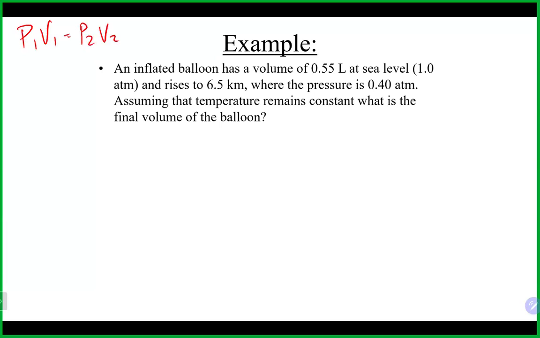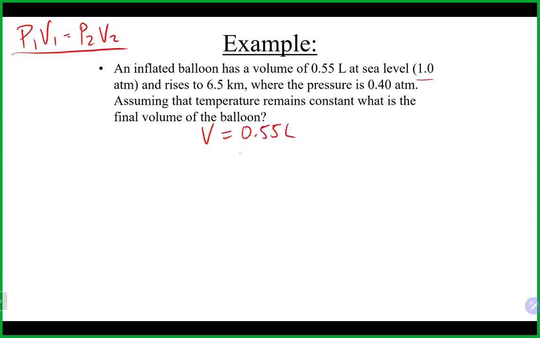A lot of times when you're dealing with gas law problems, it's a really good idea just to pull out the information from the problem, sort of label it, and oftentimes that will point you to the right gas law to use. Clearly, at this point, we only have one to choose from. That will change very shortly. But when we look at it, we do have a volume that is 0.55 liters.